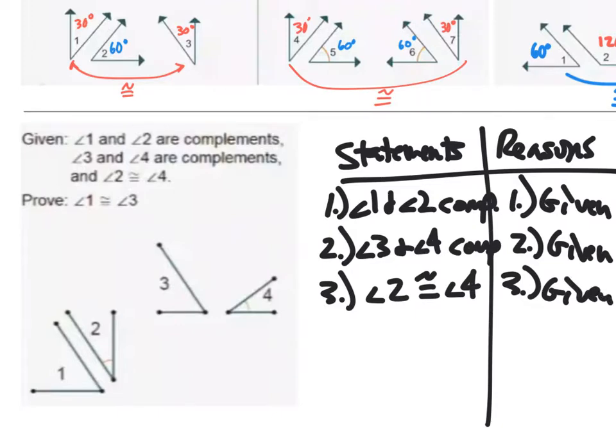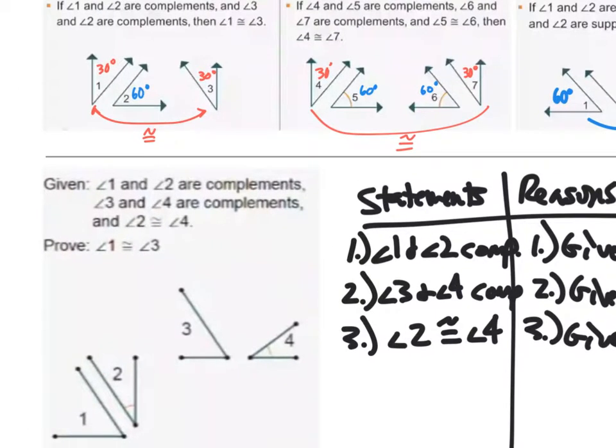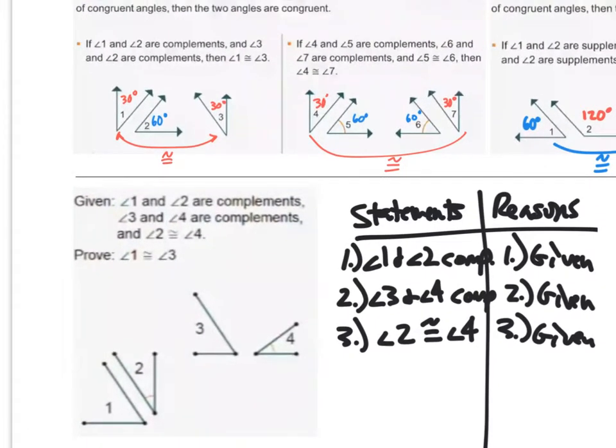The thing that we can conclude from this, based off of what we have up here, and this picture follows the same thing that you have right here, is that angle 1 and angle 2 are complementary. We have another set of complementary angles. Therefore, angle 2 and angle 4 are congruent, so angle 1 and angle 3 are congruent.